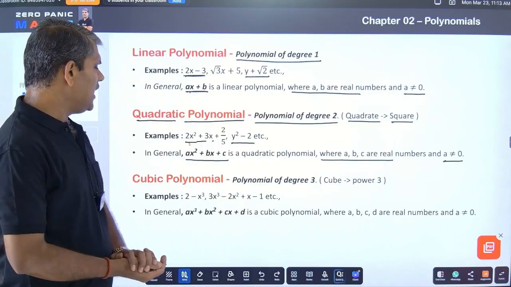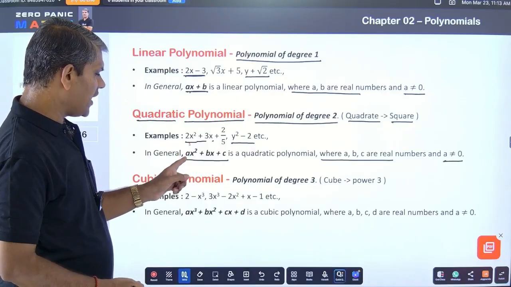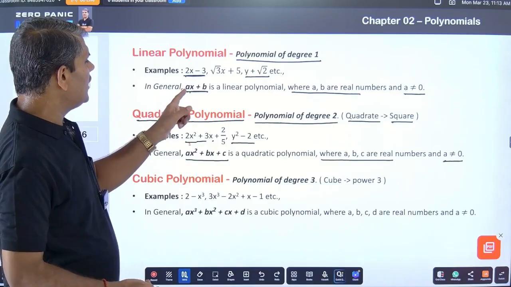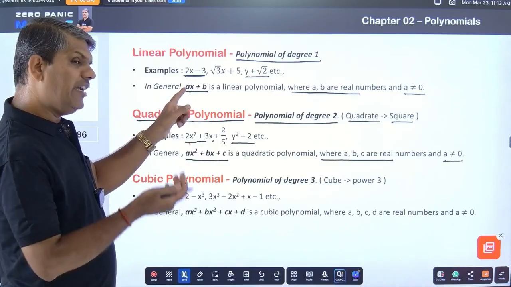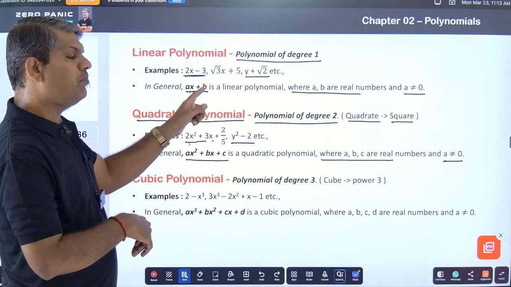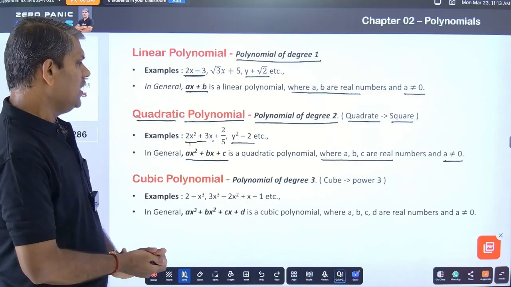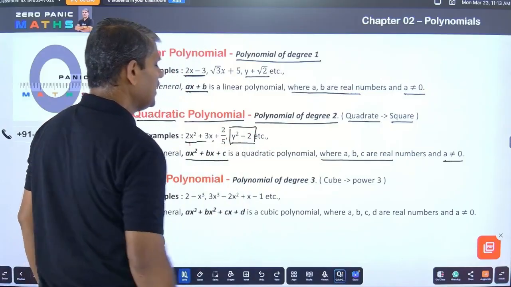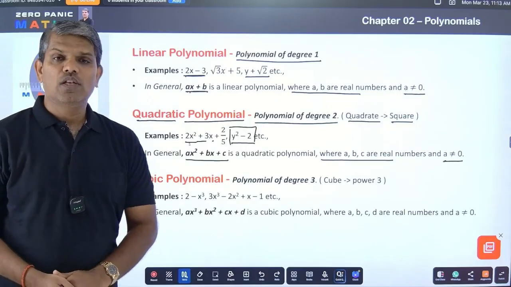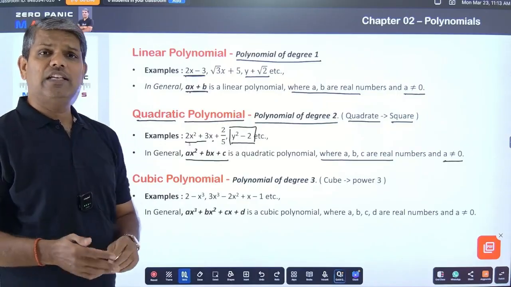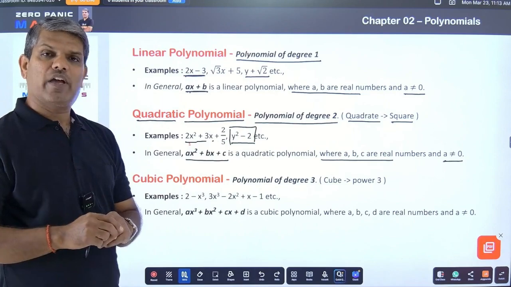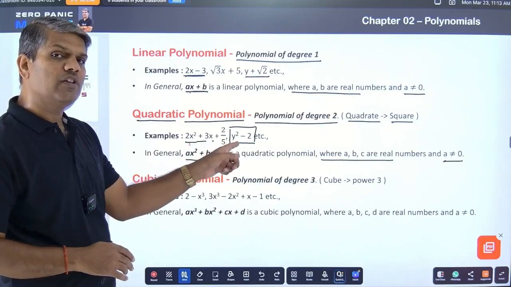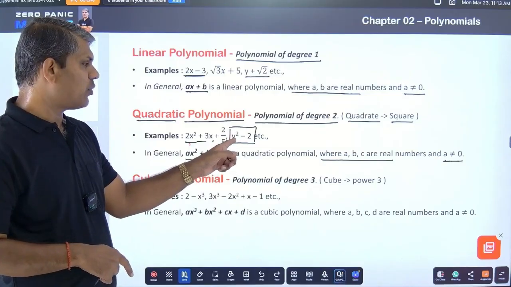Here a is a coefficient of x square, b is coefficient of x, and c is a constant. Here in linear polynomial, a is the coefficient of x and b itself is a constant. Okay, now in this equation you might observe one thing, that y square minus 2. So you might be thinking that it is having only two terms. Of course it is having only two terms, but the highest power of that variable in that equation is 2.